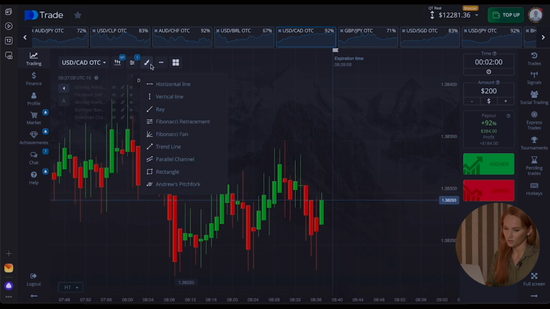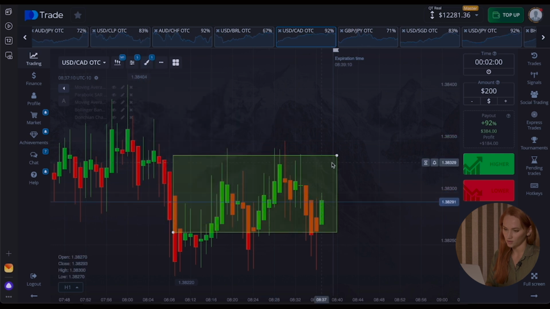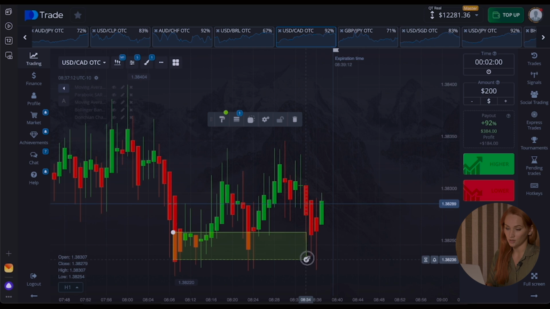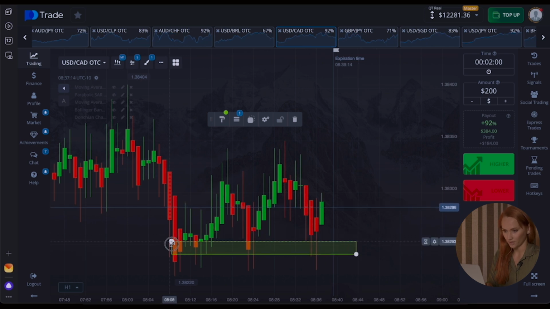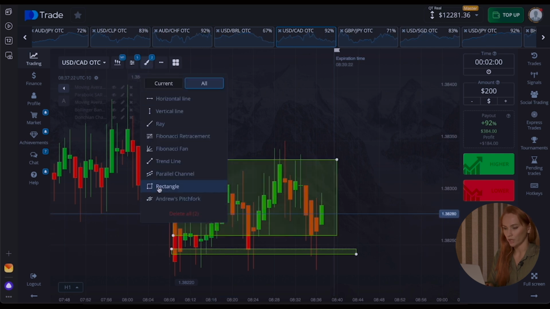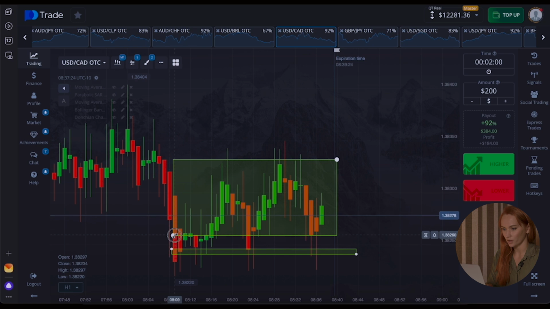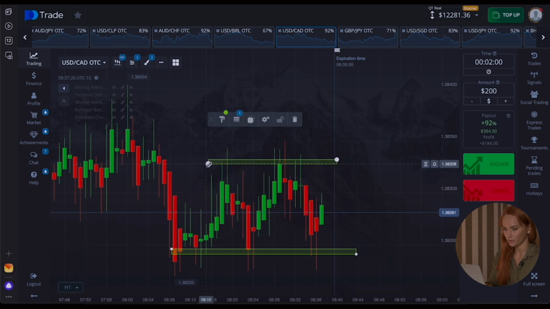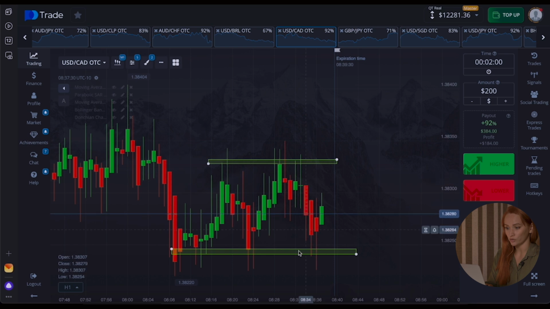Again. So yeah, this is the minimum. And now we will form a maximum point here. We also see another line of support.